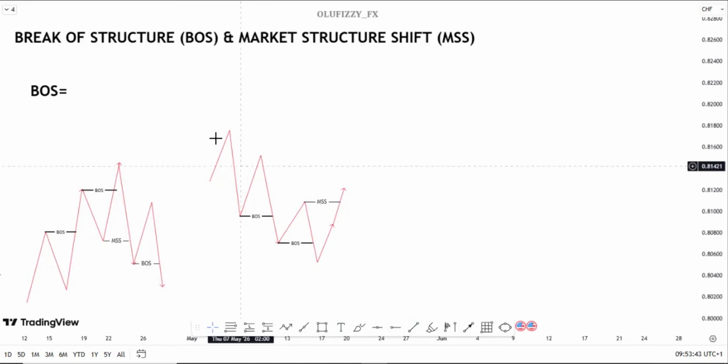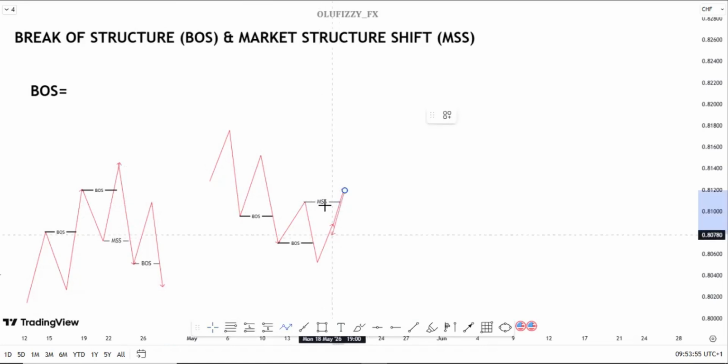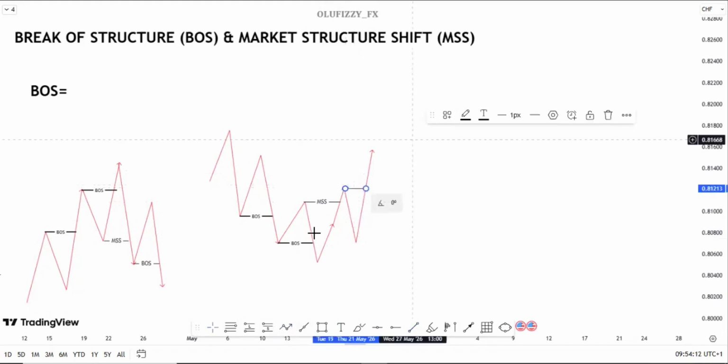And same thing for this bearish market condition here. The first break of this swing high is a signal that price might change trend from this bearish market condition towards a bullish market. So this second break that we have here is now going to confirm that the trend has changed from bearish to bullish. And this second break is going to be what? BOS.